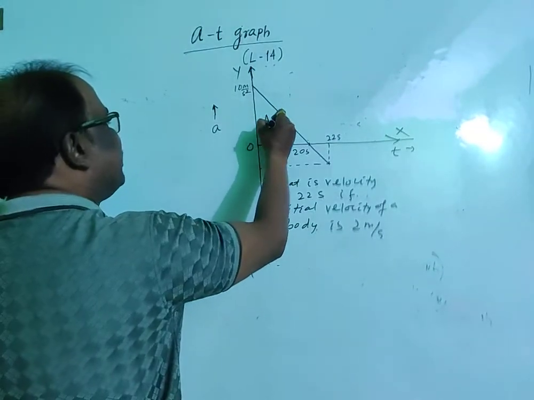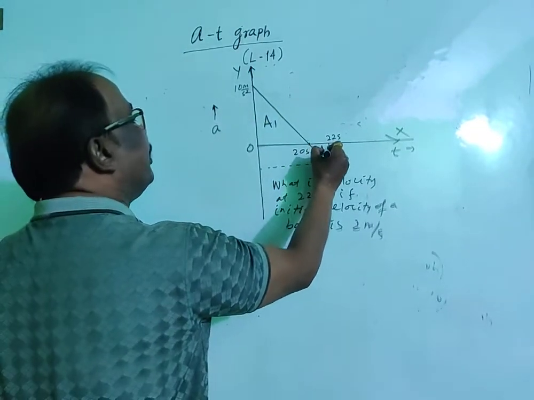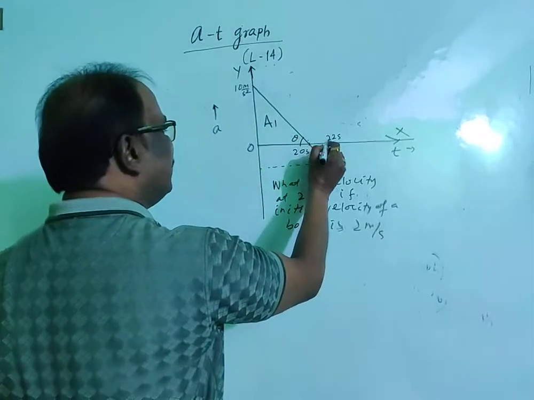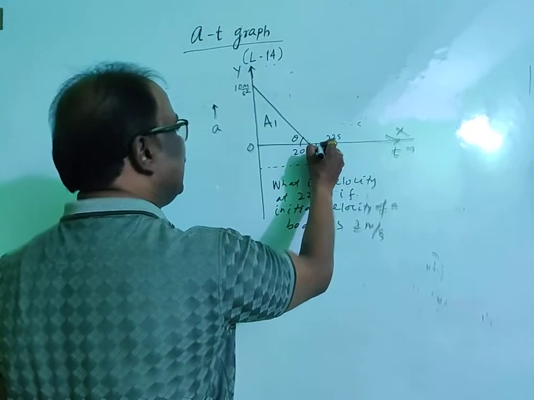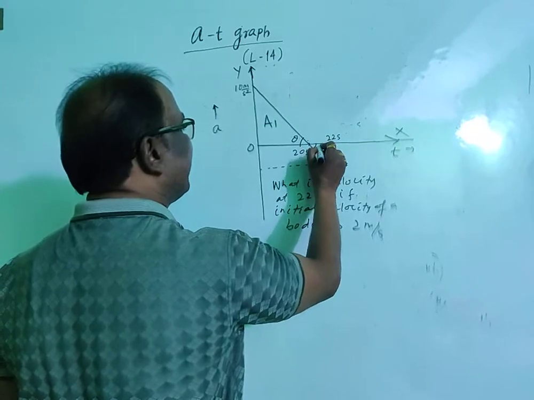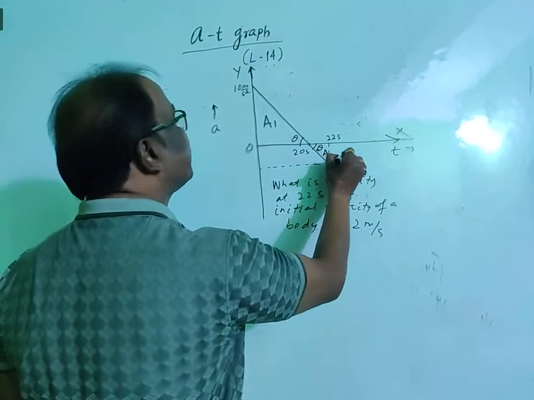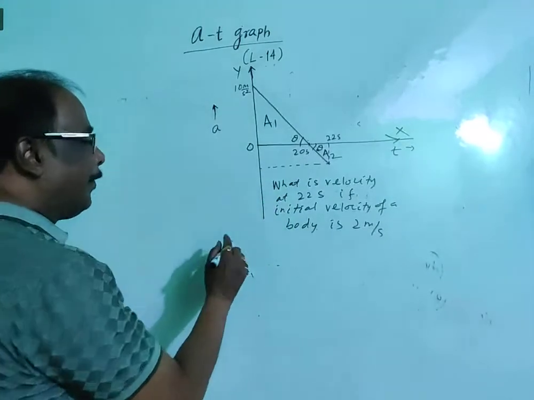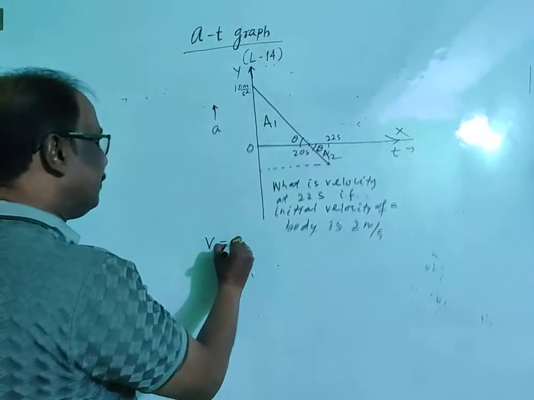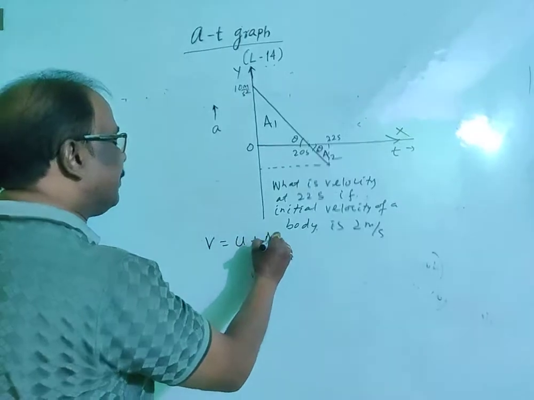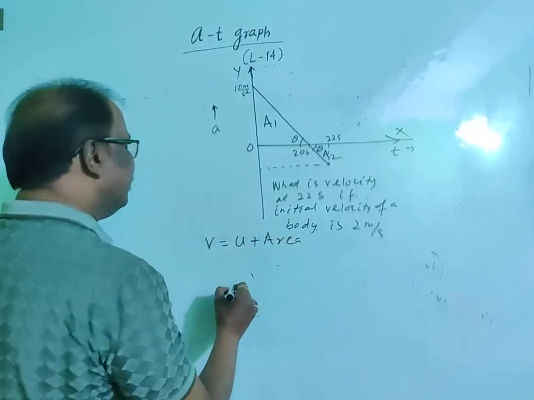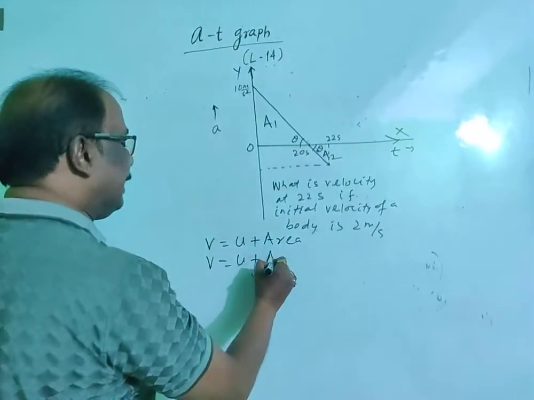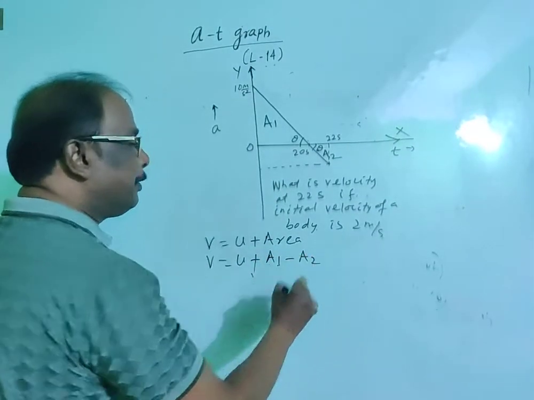See, this area is A1, this area is A2. If this angle is theta, then this angle is also theta. This area is A. Then what is our formula? Final velocity is equal to initial velocity plus total area. Then U plus total area, which is A1 minus A2.